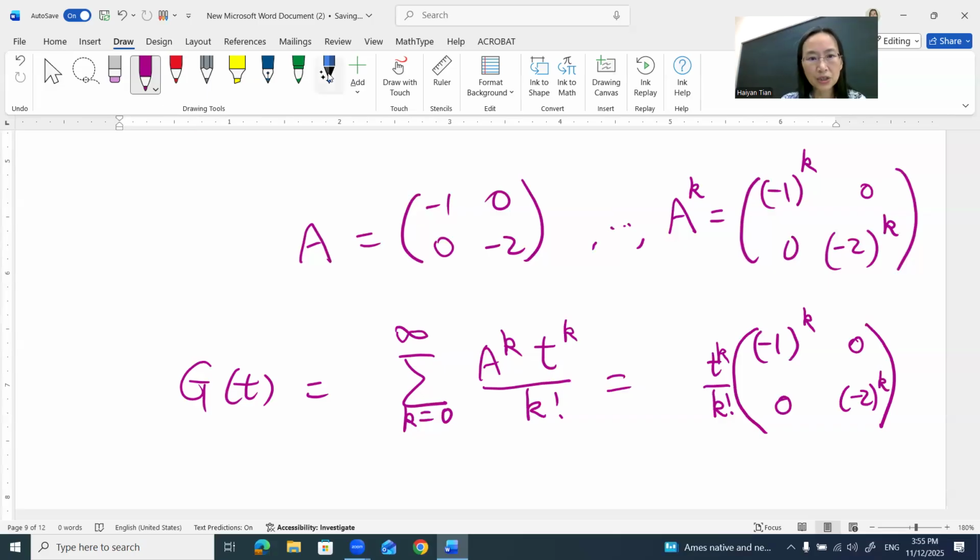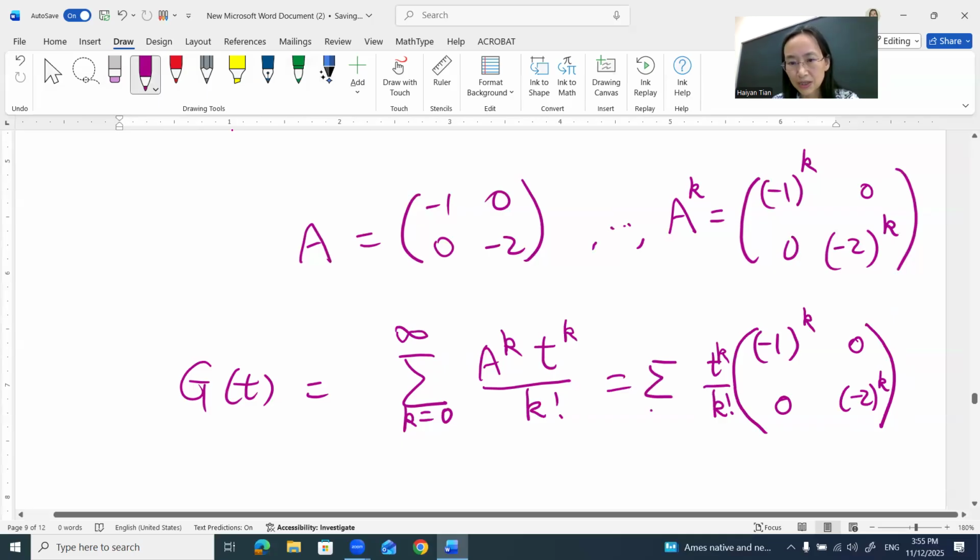Okay, what we see here is just this part. This is a quantity, it is here. The A to the K's power is here. And then we add all the terms, so we need to put a sum.